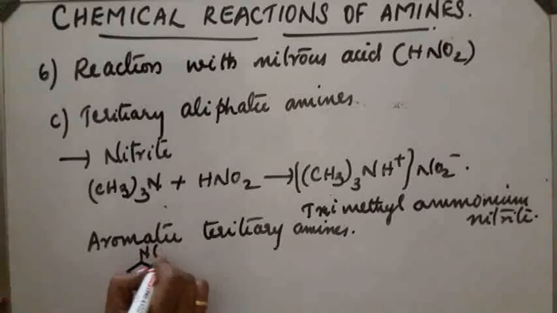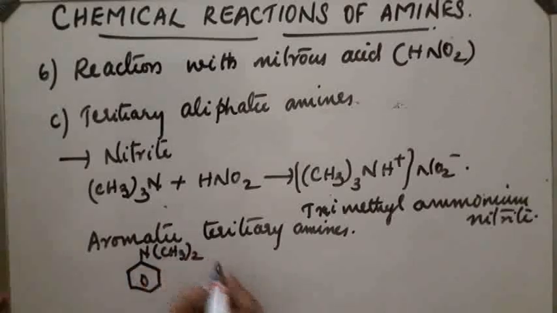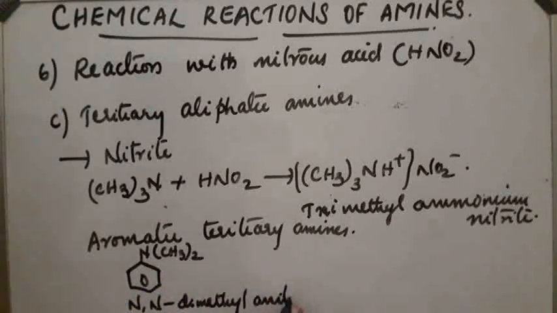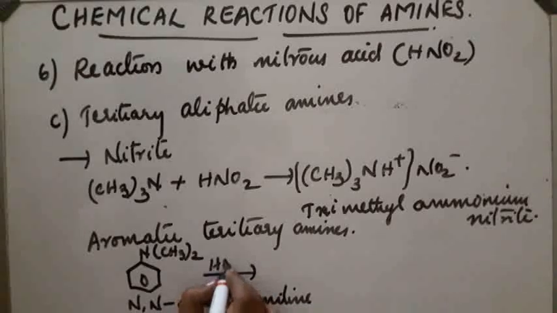C6H5N(CH3)2. Okay, this is N,N-dimethylaniline. Two hydrogen atoms of aniline are replaced by two methyl groups. So, what will happen on reaction with HNO2?